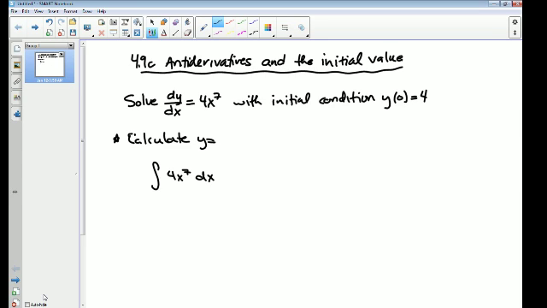So y equals x to the 8th over 2 plus some constant.